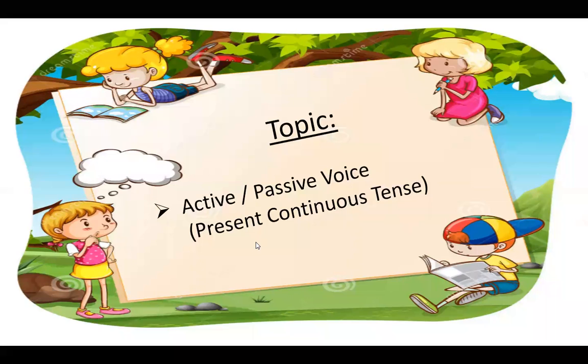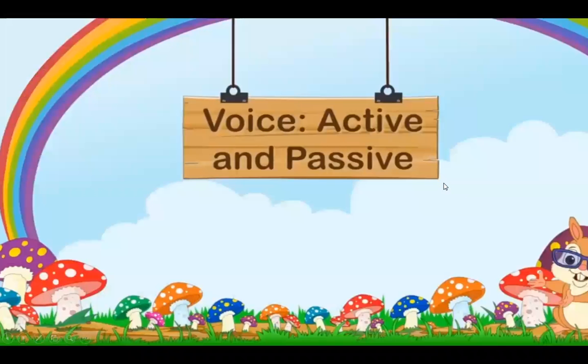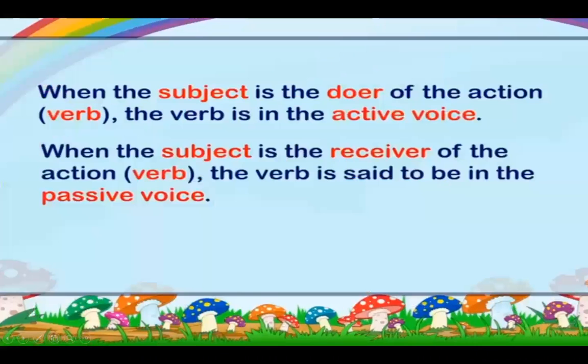Now, please concentrate on the lecture and please try to speak in English and use your mic if you want to speak. Okay, all right, everybody. Let's see what I have to show you. See, when the subject is the doer of the action, the verb is in the active voice.